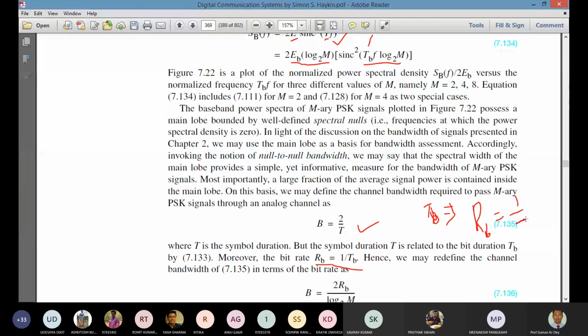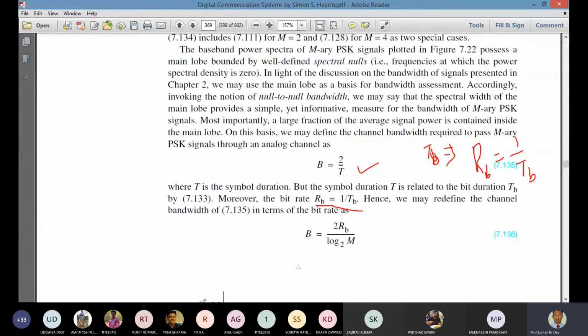Okay, and now if we put the equivalent value of T over there, what will we get? We will get B equal to 2 RB by log 2 base M. Is that clear?